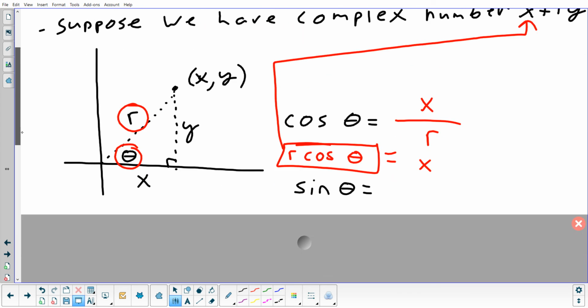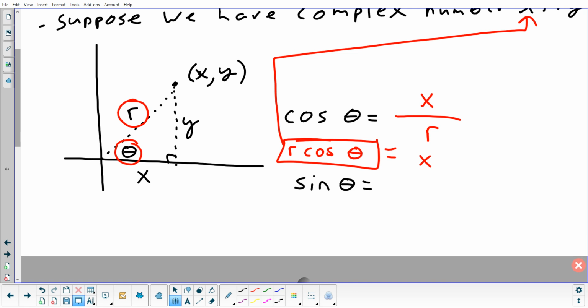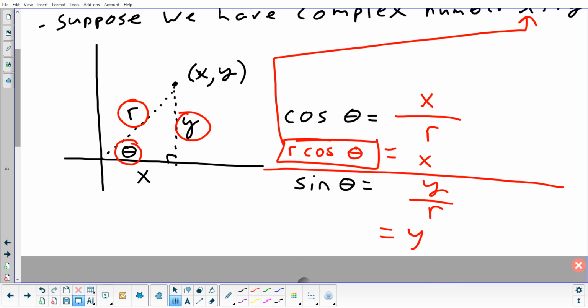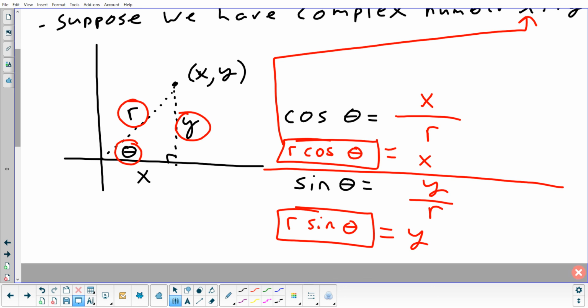And now let's come up with a formula for sine. Yep. So sine equals opposite over hypotenuse. So y over r. And what does that mean y would equal? R sine theta.